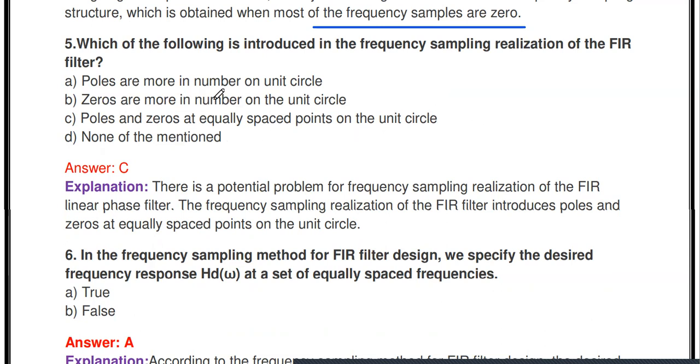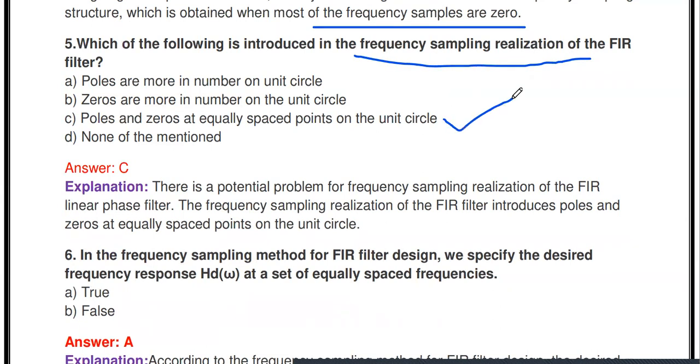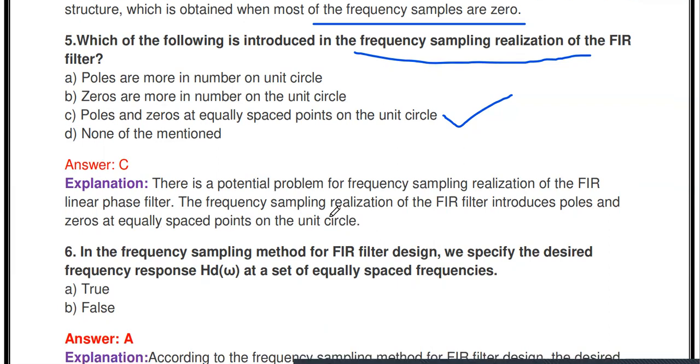None of the mentioned. The frequency sampling realization introduces poles and zeros at equally spaced points on the unit circle. We can choose this frequency sampling realization. There is a potential problem for frequency sampling realization of FIR linear phase filter.